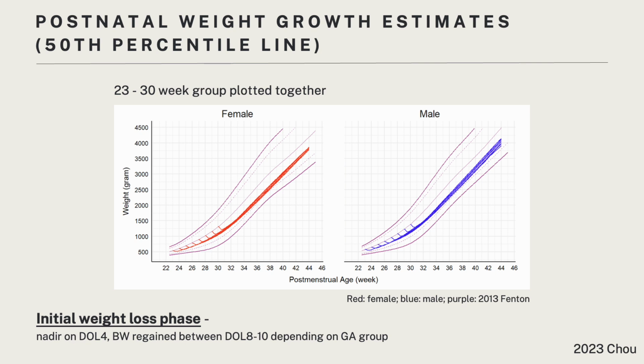It is reassuring to see that the estimated birth weight for each group is right on the 50th percentile line of the Fenton curves, as it should be. The models captured the initial weight loss phase. In all models, the nadir of the estimated weight occurs on day of life 4. These models all start on day of life 0, so this would be the 5th day. The estimated birth weight was regained between day of life 8 and 10, depending on the gestational age group.